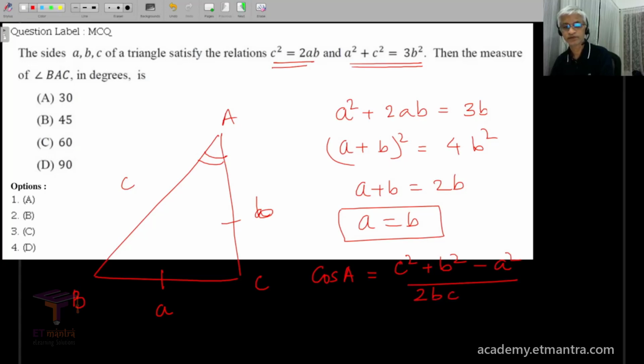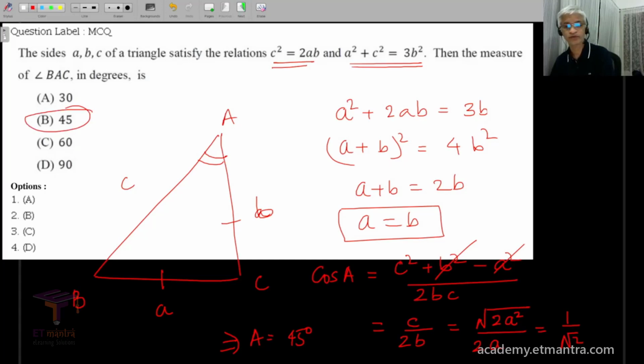Now A is equal to B, so this goes away, and this is equal to C over 2B, and this is equal to root of 2AB, and I'm just going to write it as A square divided by 2A, because A is equal to B, and this turns out to be 1 by root 2, and therefore this implies that A is equal to 45 degrees, or pi by 4.